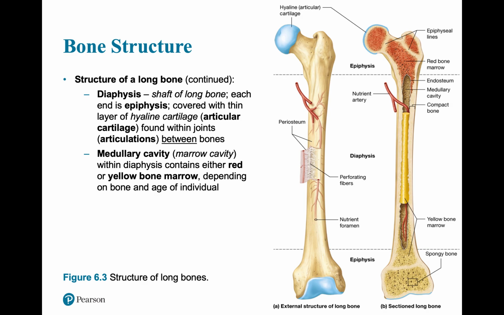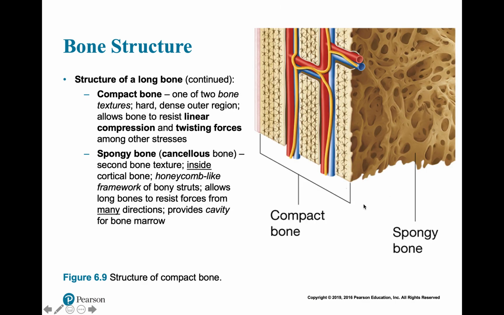So that's kind of cool. All right, so you should know, what are epiphyses, what is the diaphysis, what's housed in the epiphyses, what's housed in the diaphysis. All right, so structure of long bone continued.